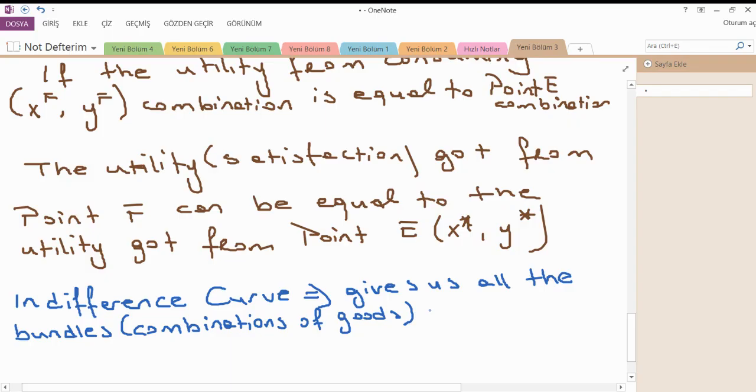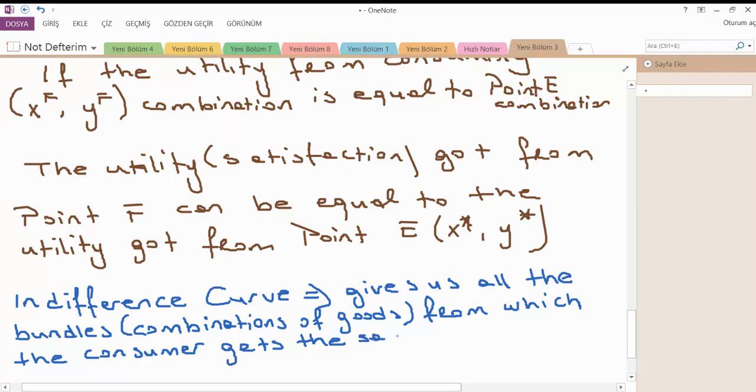Each point has a quantity of X and a quantity of Y. It gives us all the bundles from which the consumer gets the same utility level, okay?